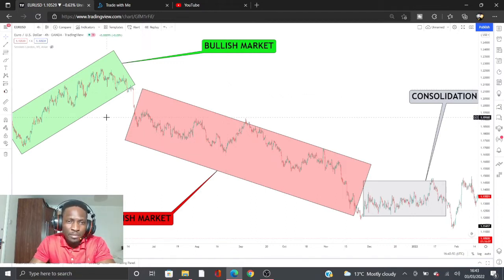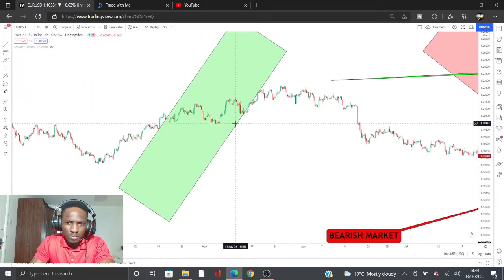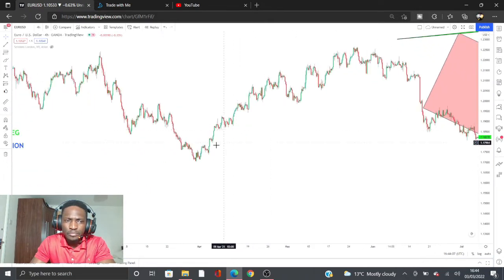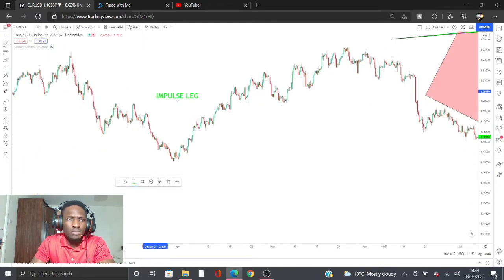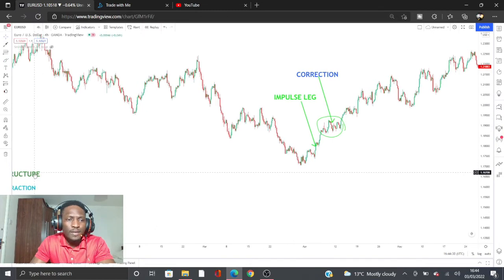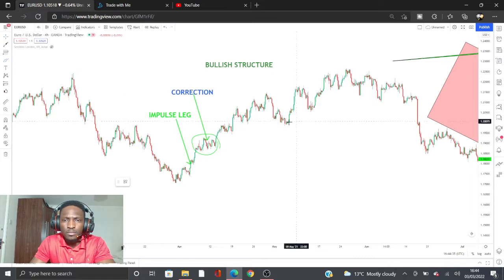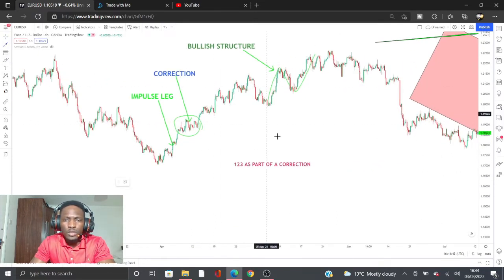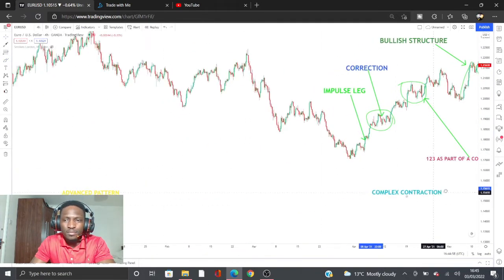If we take the bullish market, for example, and isolate it, we see an impulse leg, we also see a correction, we also see a bullish structure, we also see 1, 2, 3 as part of a correction, and we also see complex contraction.